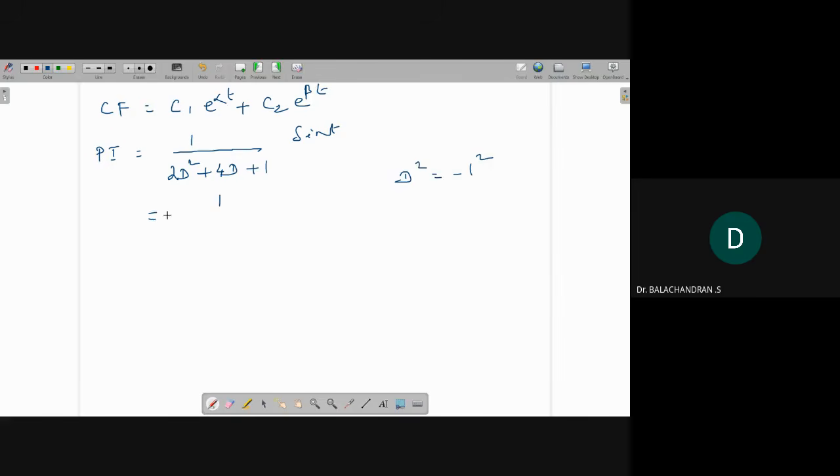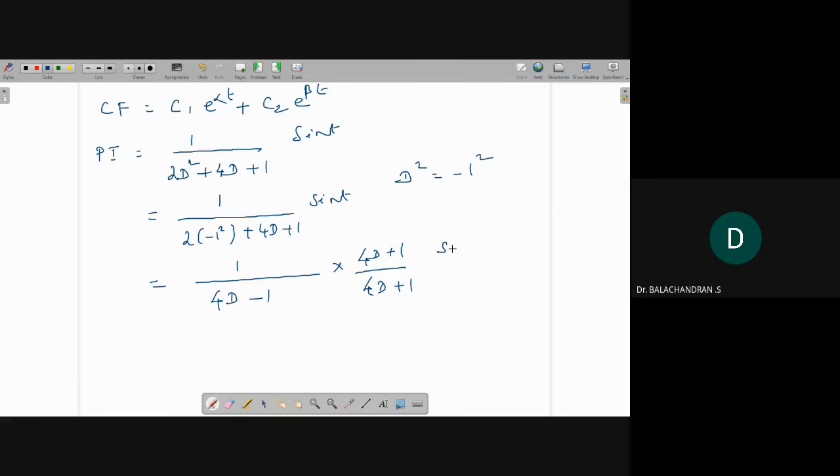So 1 divided by 2 into minus 1 square plus 4D plus 1 into sin t, which is equal to 1 by 4D minus 2 plus 1, so minus 1, into 4D plus 1 divided by 4D plus 1, into sin t.